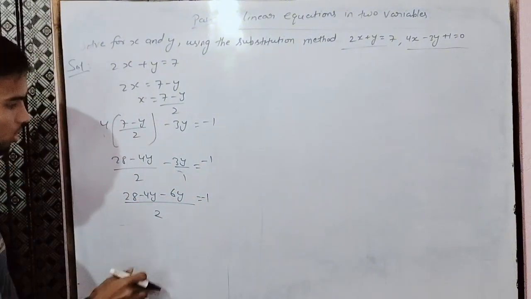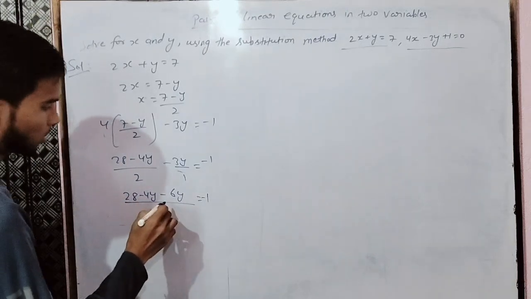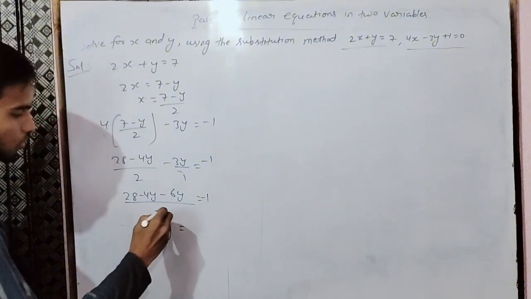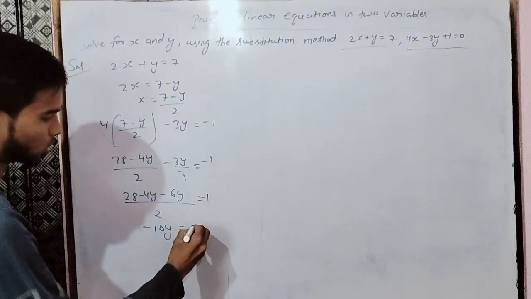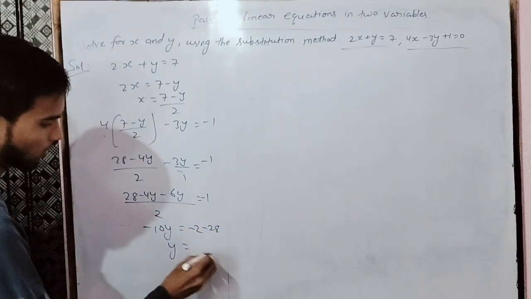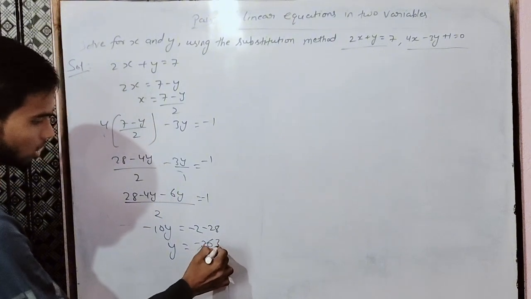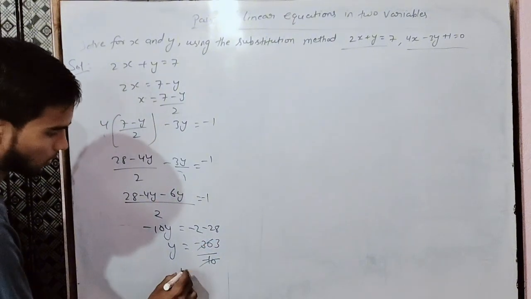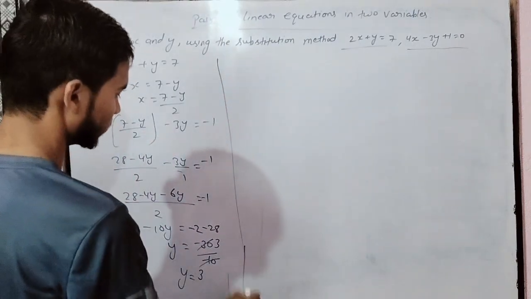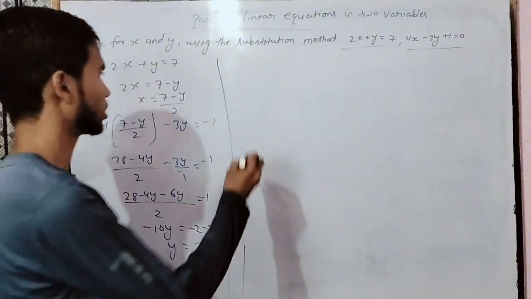Now this will become minus 10y equals minus 2 and minus 28. So we have left minus 30 upon minus 10, which will be y as 3. So finally y is 3. The value of y is 3.